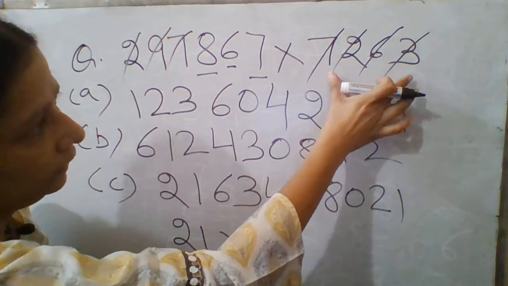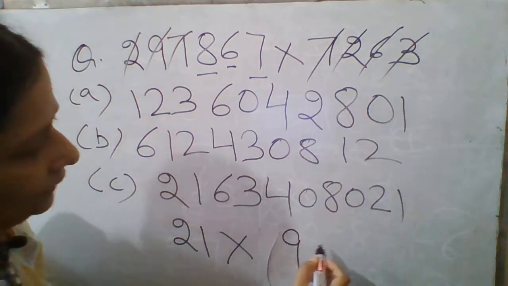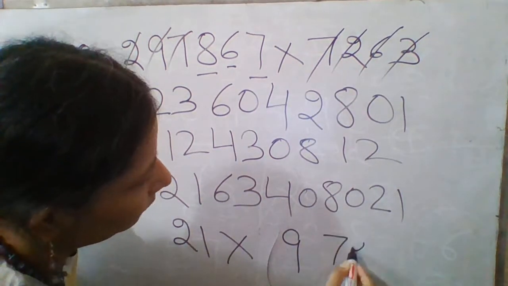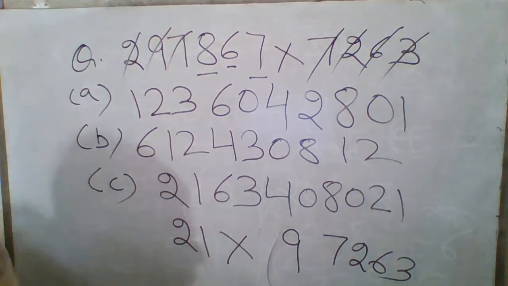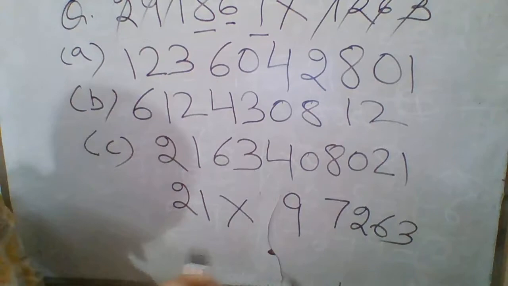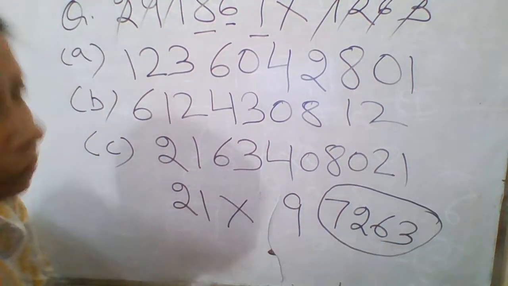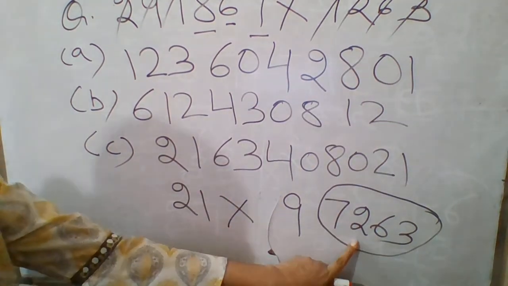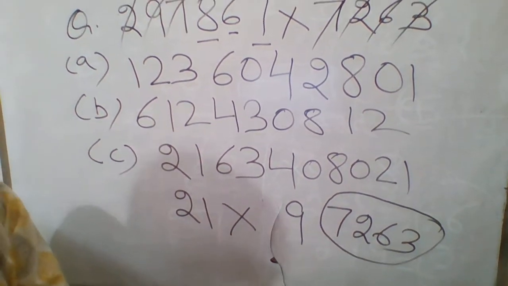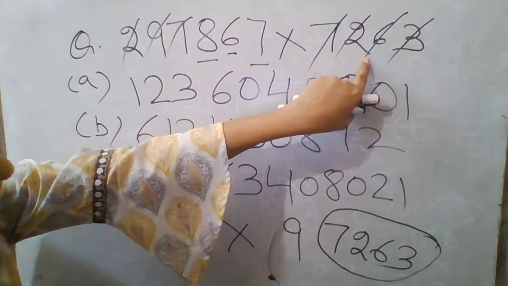Now you see here, look at this question only. Here you have to multiply it with 7263. Before doing this question, you have to look here. Here also you are getting 7263, and here also 7263.